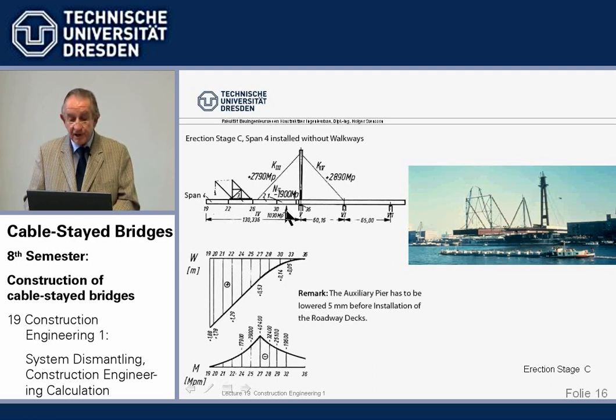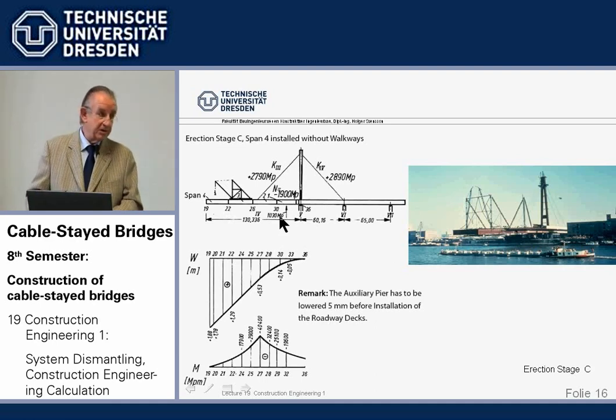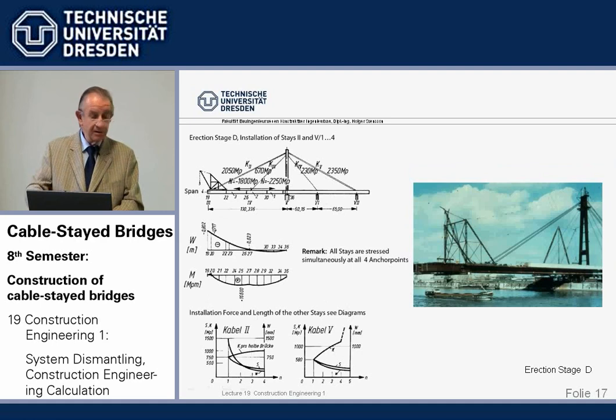And also we have to do something, we have to lower here at the auxiliary pier down by 5 millimeters, and then we should have 10 meganewton force in it. Okay? All checked, all in good shape, on we go.